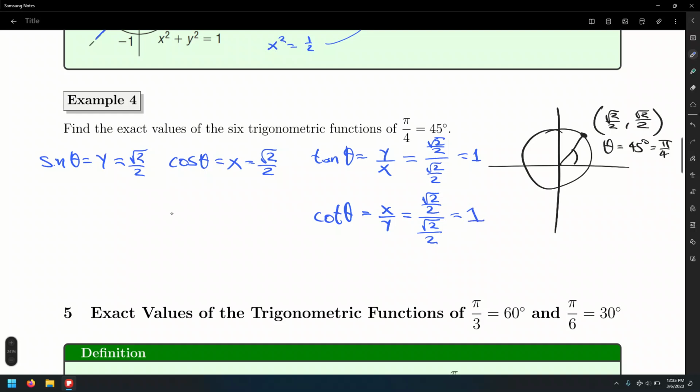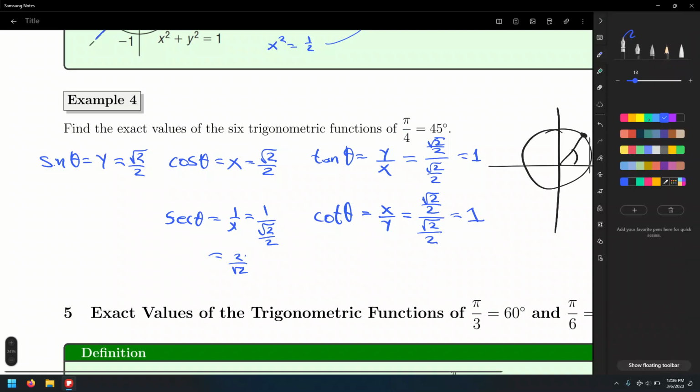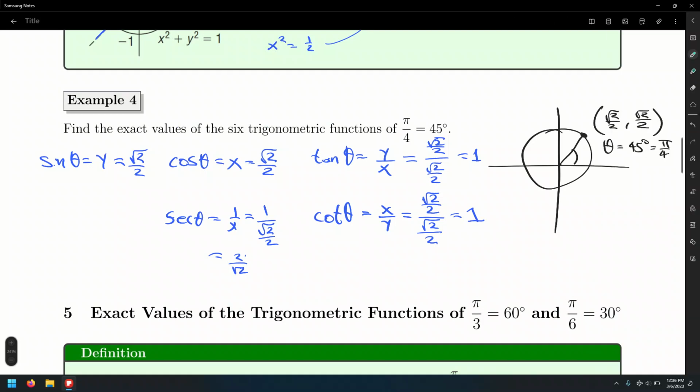And cosine gives us the secant function, that's 1 over x, which is 1 over, careful with this one, root of 2 over 2. Dividing by a fraction is exactly the same as multiplying by the reciprocal. So that will be 2 over root of 2, and you might want to rationalize this denominator because the ALEKS system may not like radicals in the denominator.